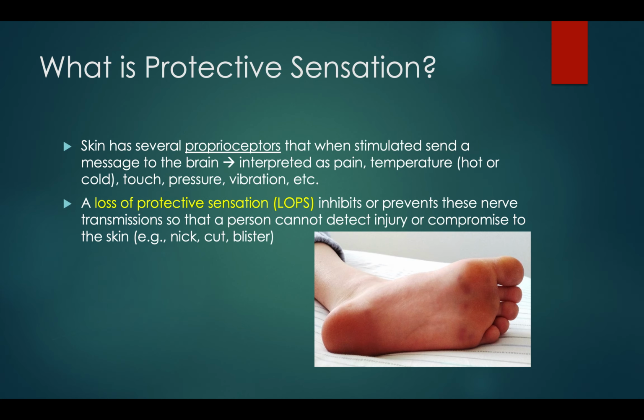Specific to those in the skin related to touch, pressure and pain, a loss of protective sensation inhibits or prevents these nerve transmissions so that a person can't really feel an injury or compromise to the skin. Whether that be a very minor nick to the skin, a cut, a blister, even a hot spot that could lead to a blister, a wart, even a callus, anything that can compromise the skin.